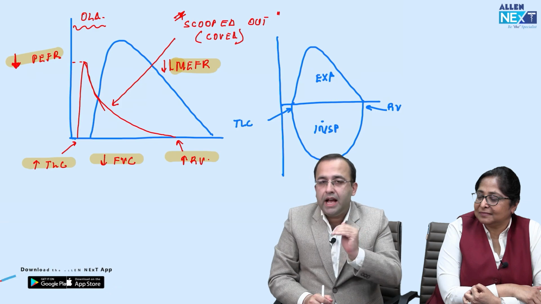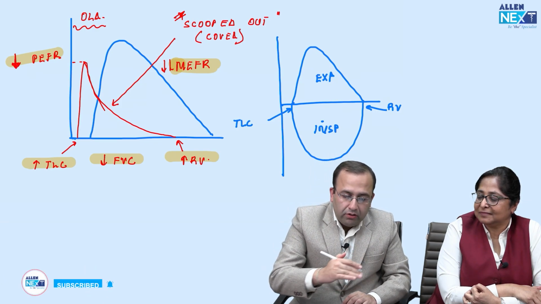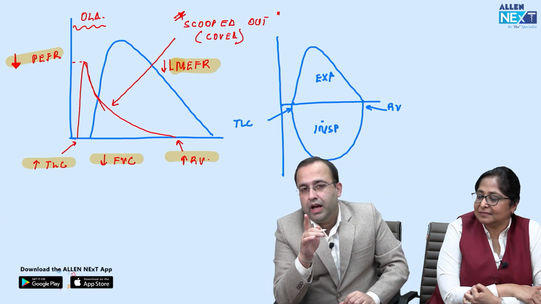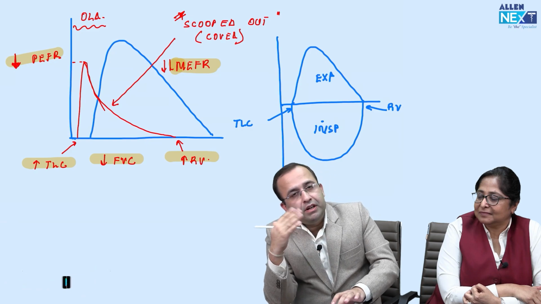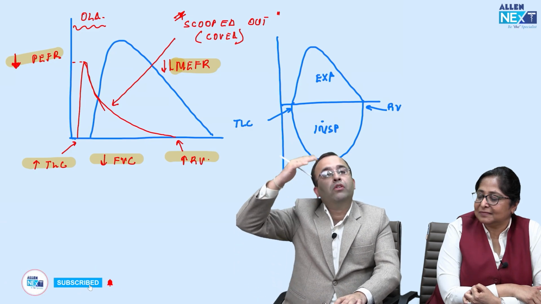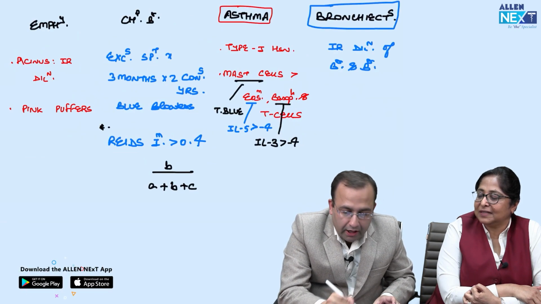It is affecting the acinus. That is why it had a scooped out curve. So emphysema is an obstruction of small airways versus bronchiectasis, which affects bronchi and bronchioles. That is, this is a proximal airway disease.